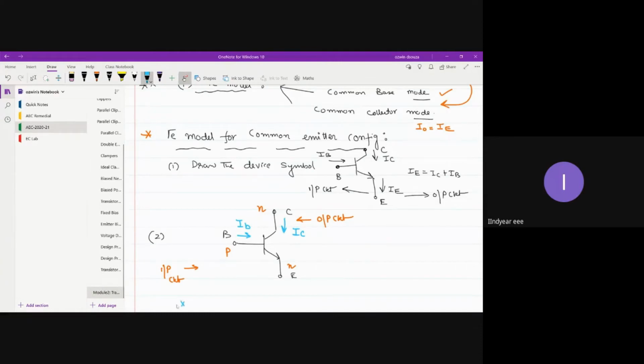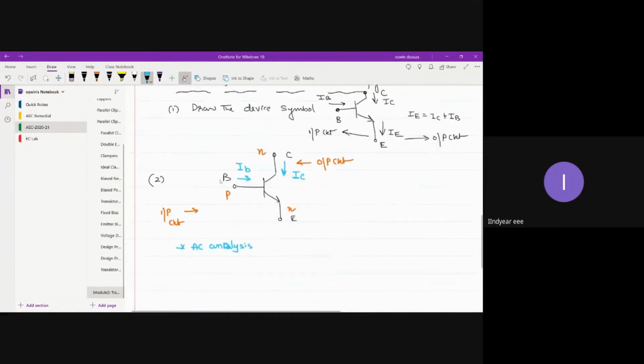Base current IB. Now, since I am considering AC analysis, one important point you have to note is that I am representing the currents as Ib, Ic, and Ie. So this should have been a small Ie.